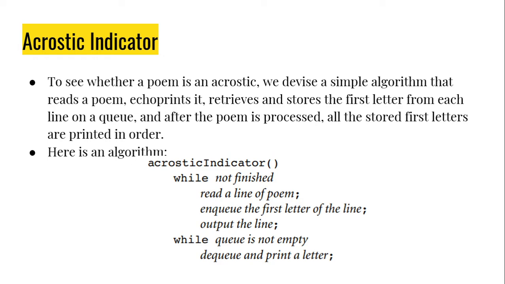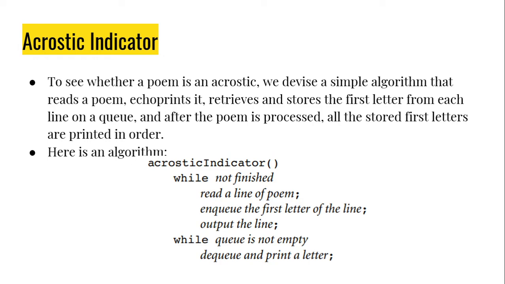When the first looping structure is terminated, all of the first letters of each line are inserted in the queue. So while the queue is not empty, this looping structure will print the letters from the queue.